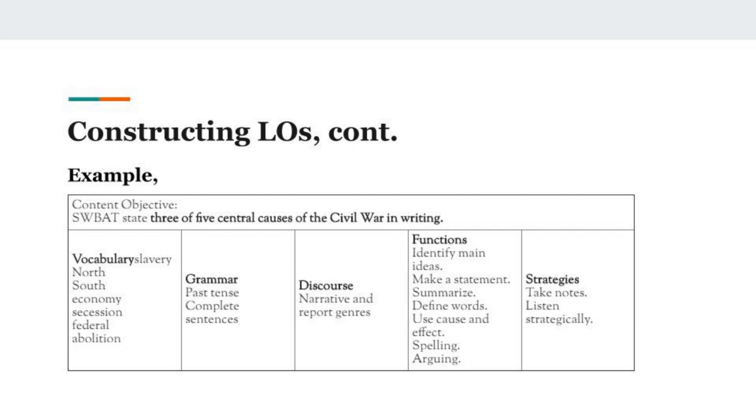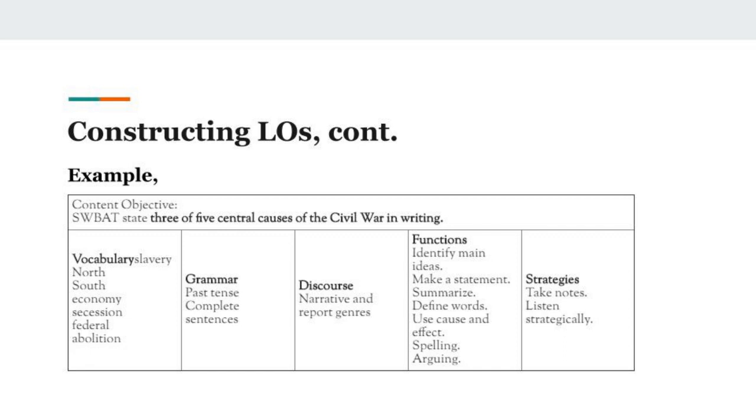Word order is a problem, and so many things go into that. Also, discourse. Students need to be able to narrate and report, and these are two genres within the discourse of historical writing, which is called for in this specific content objective. Also, several functions are called for.